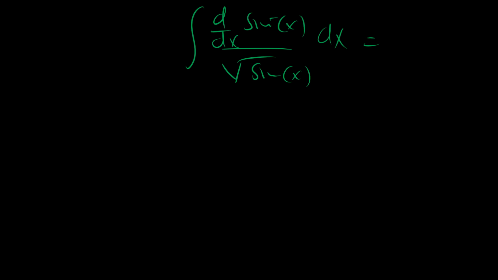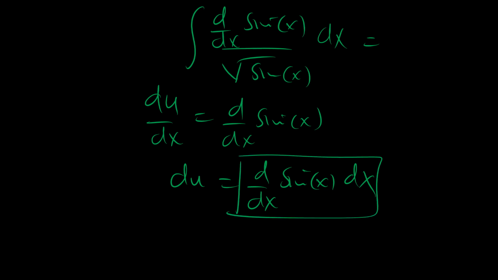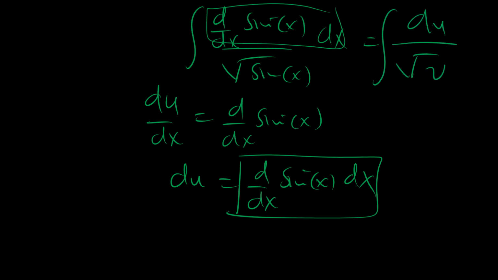Since du over dx is the same as cosine x, du gets to be substituted for this part here. So this part here becomes du, so this is the integral of du over square root of u.